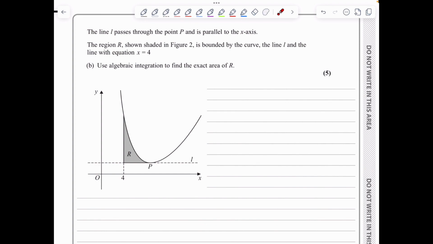In part B, we need to use algebraic integration to determine the exact area of the shaded region R. It's the region here.